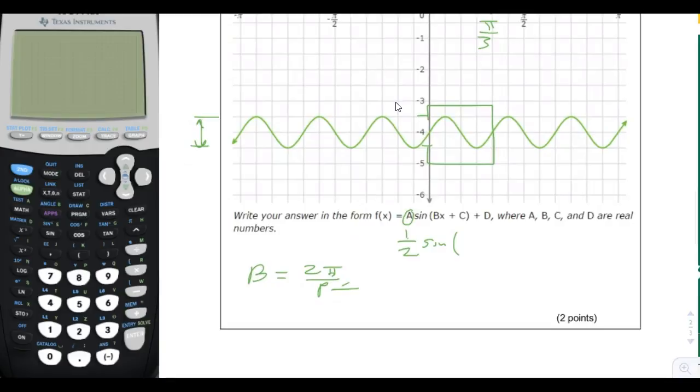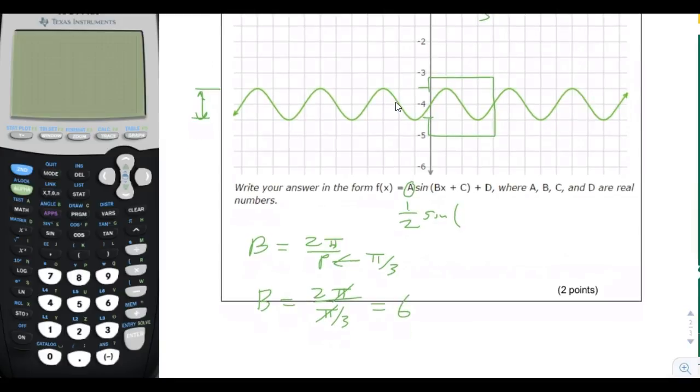We're going to substitute pi over 3 here. And we're going to get B equals 2 pi divided by pi over 3. So the pi's cancel out and we end up with 6. When we divide by 1/3, that's the same thing as multiplying by the inverse, so 2 times 3. So our B value is 6.